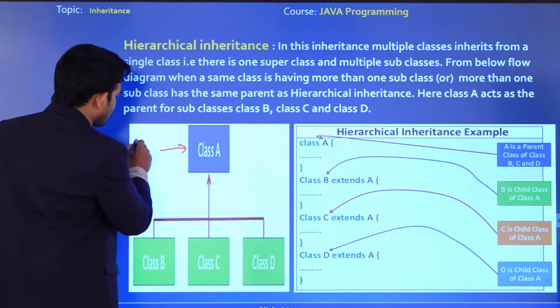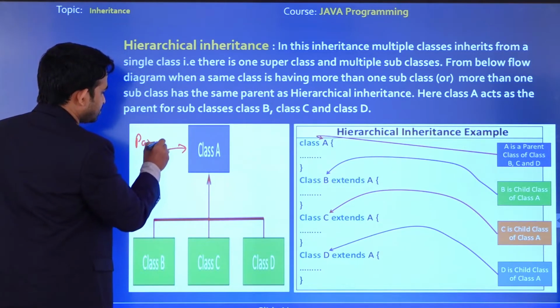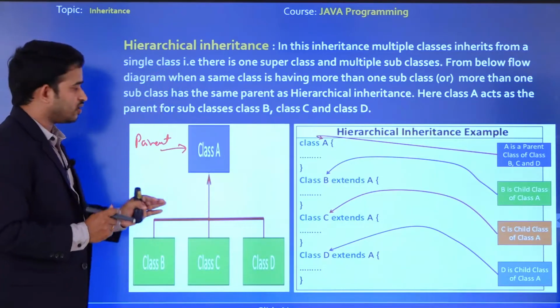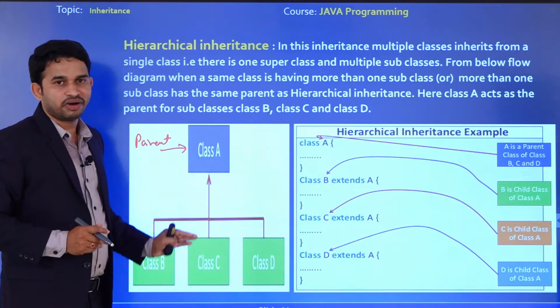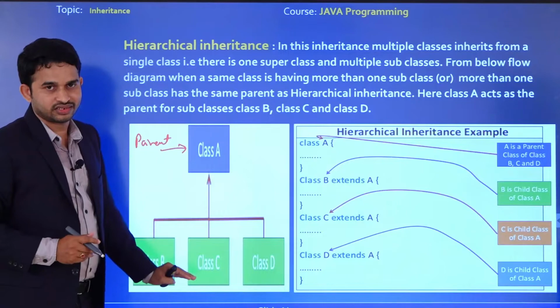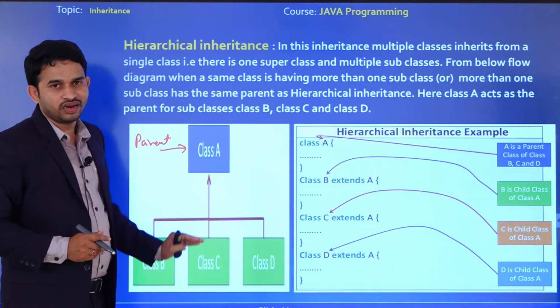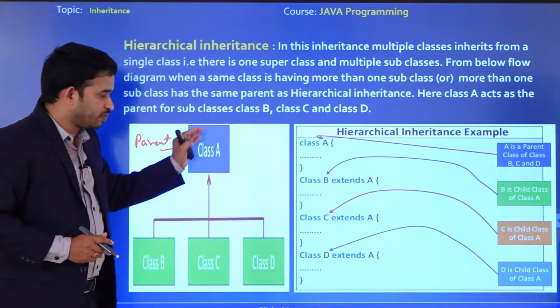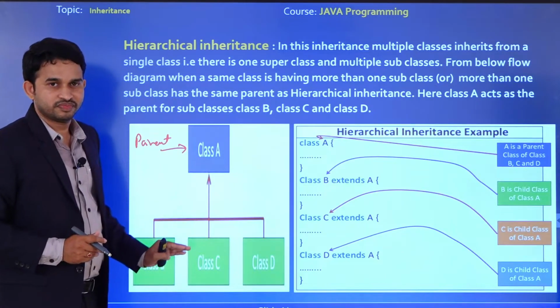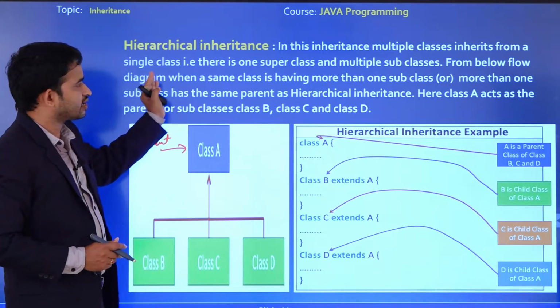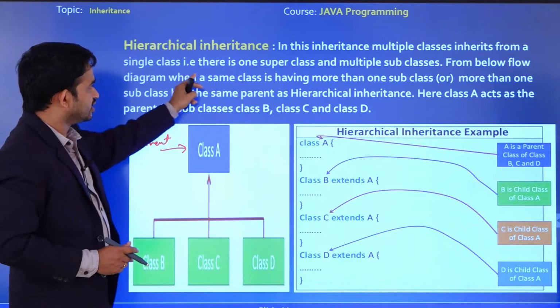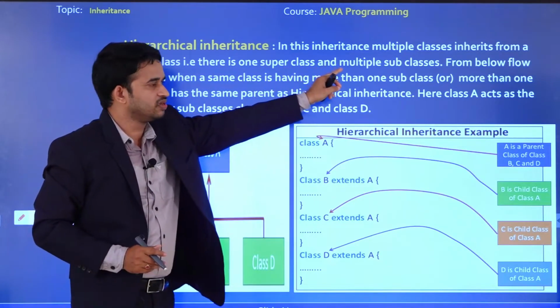This class we call a parent class. In hierarchical inheritance we have one parent class and multiple child classes: one base class, multiple derived classes; one superclass, multiple subclasses.